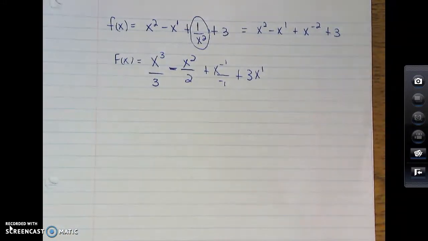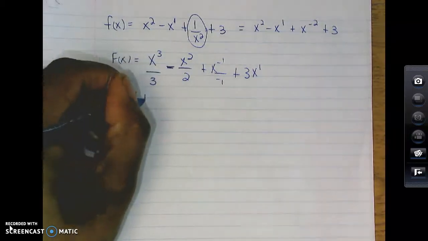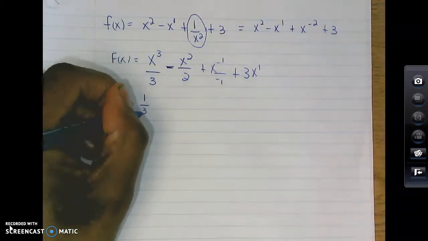All right, so now that we've taken the antiderivative, let's just go ahead and simplify some of these terms right here. Now, you know we don't want negative exponents, so this x to the negative 1, we actually need to bring the exponent from the numerator to the denominator. So I'm going to go ahead and put the coefficients in front of the variable.